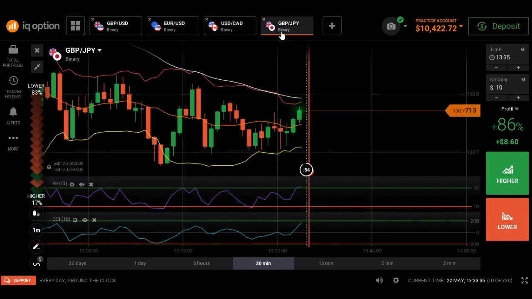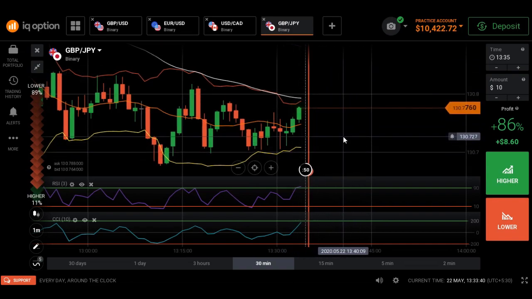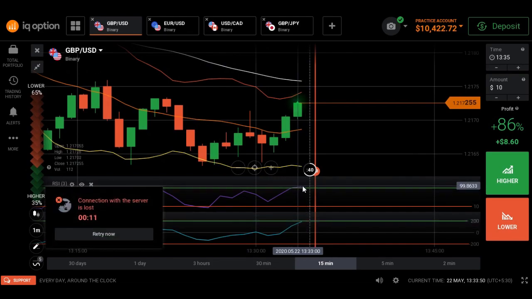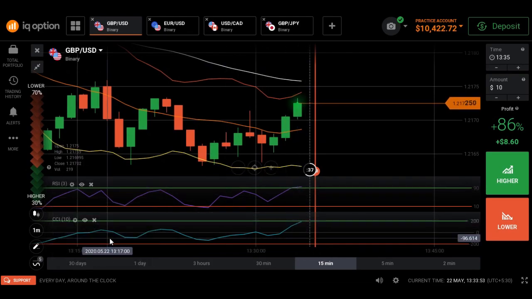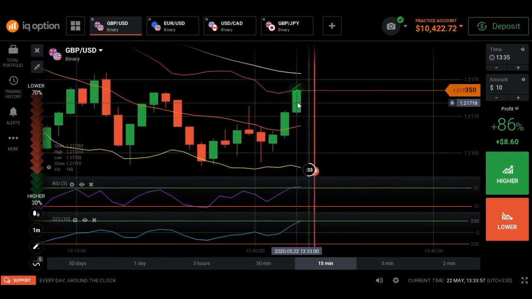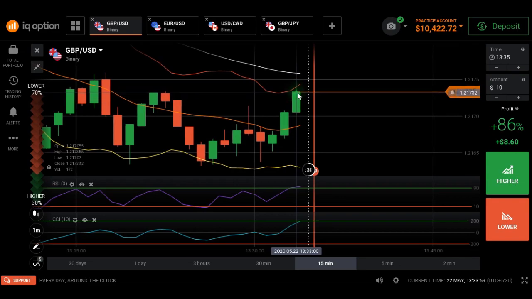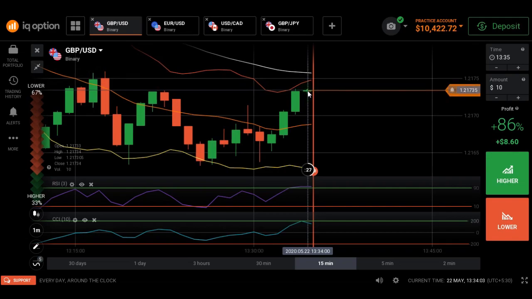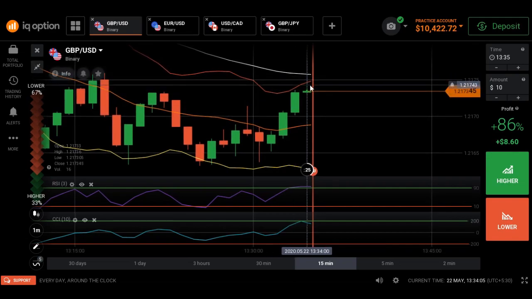Okay, so let's wait for this. I'm checking now. In here we see CCI is going to touch, RSI already touched. Now this candle is going to touch the upper Bollinger Band.